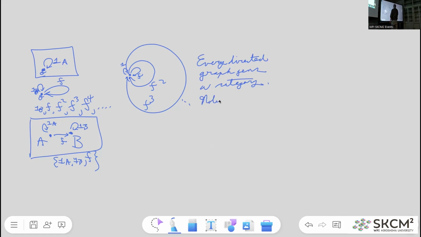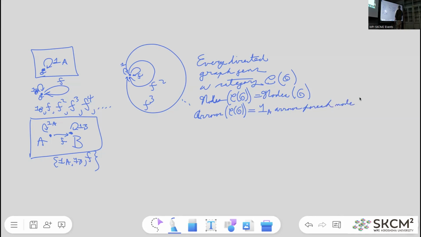The nodes of C of G are equal to the nodes of G, the objects of C of G. And the morphisms, or the arrows, that's straight arrows, of C of G are equal to the identity arrows for each node A of G. Okay, we need to add them. We have to put in the identity arrows if they weren't there before.